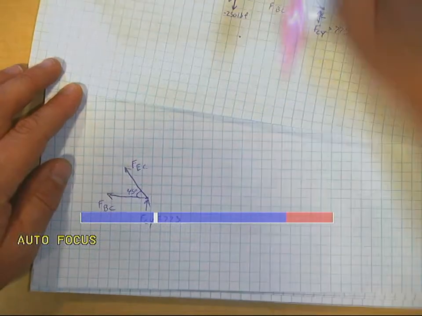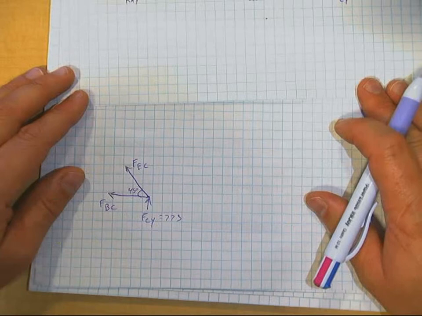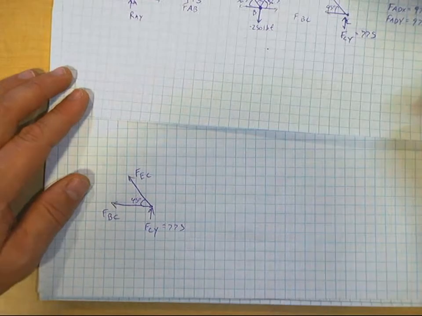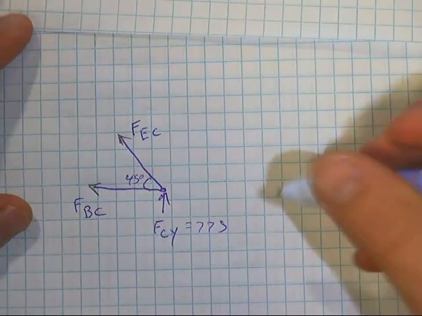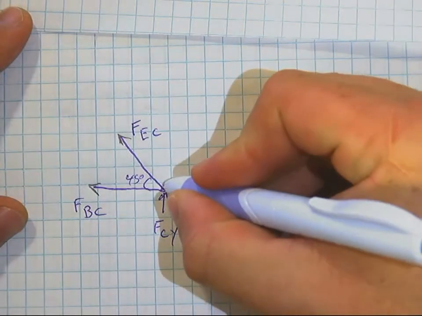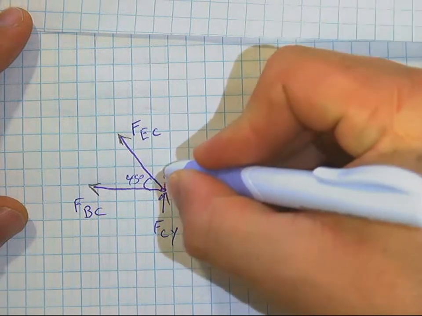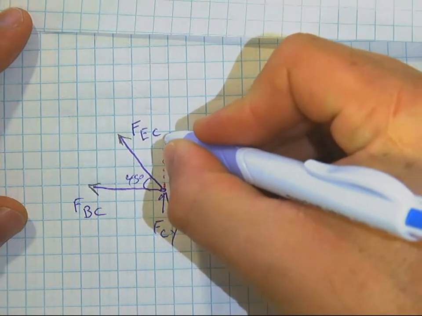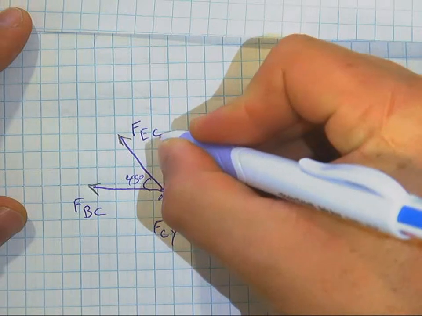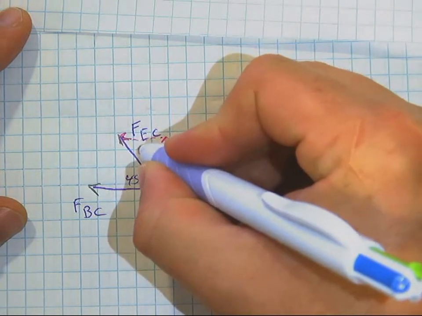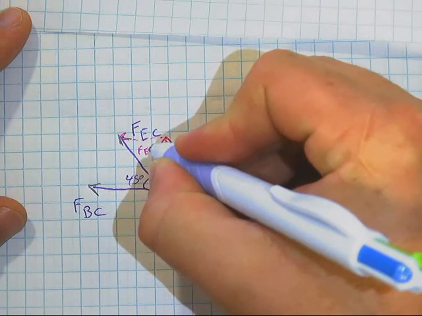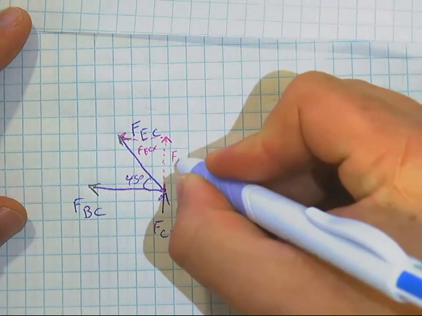Okay, so we're just going to go ahead and sum the forces again. All right, now for this one, the x values, the component values that we're going to need here, we're just going to draw straight up from the point C here, and we're going to have FECX and FECY.